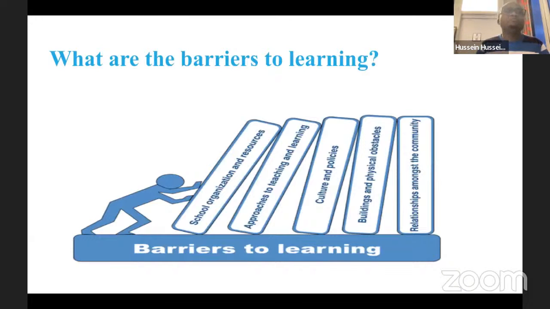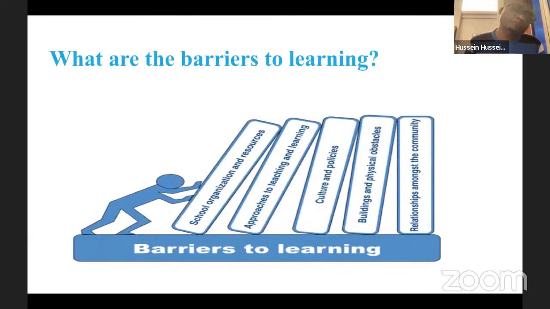In our government, we have good policies, but the policies are not implemented. And why are they not implemented? Maybe due to the culture, due to the beliefs most of the leaders have in the system of education.